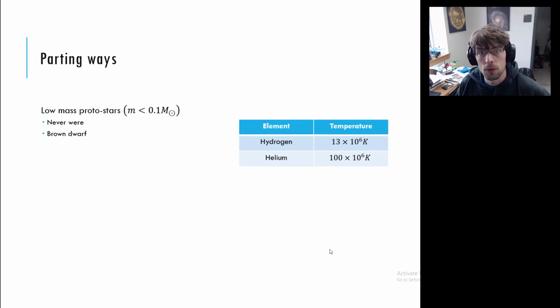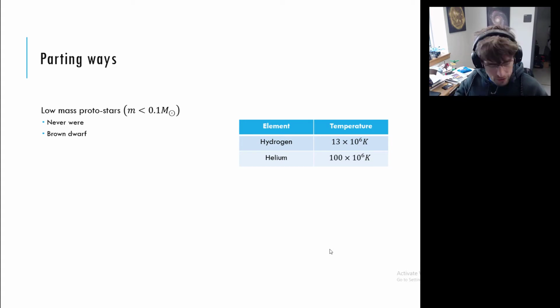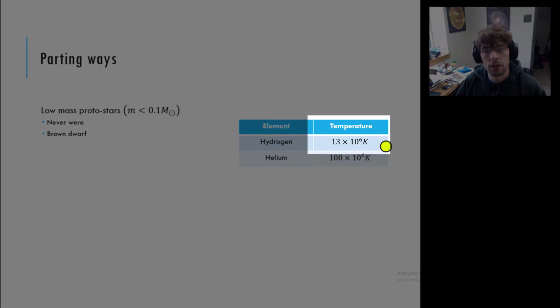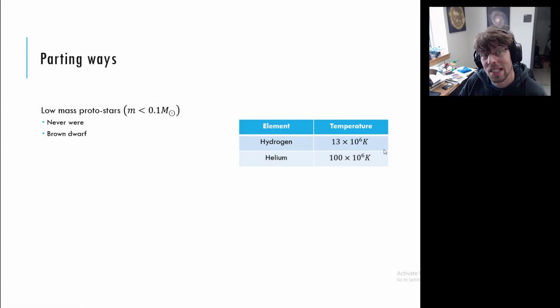They never had fusion going on in the core. The reason for that is that the gravitational collapse of the star is not sufficient to obtain temperatures high enough to do the hydrogen-hydrogen fusion. You need about, I'll round it and say, 10 million Kelvin. When you get to temperatures of about 10 million Kelvin, you can do a self-sustaining fusion reaction in the core. So it's just, they're too small. They don't have enough mass.